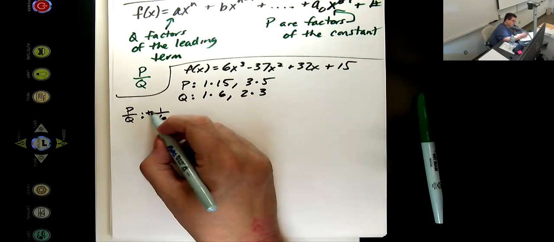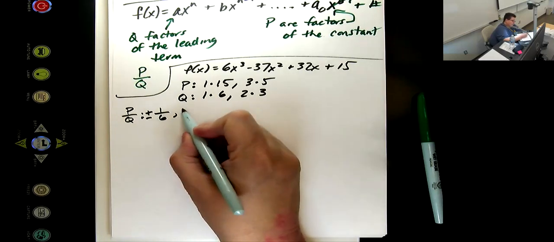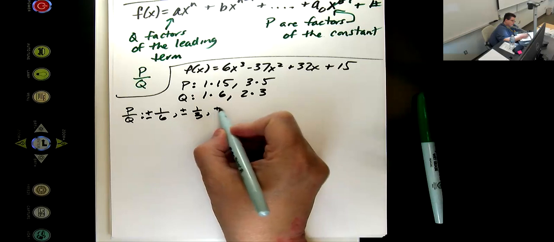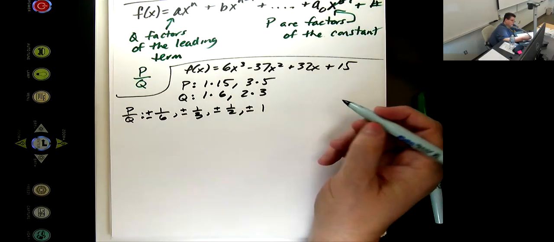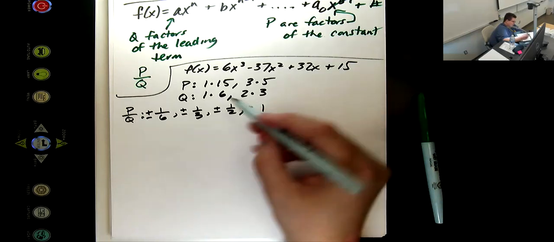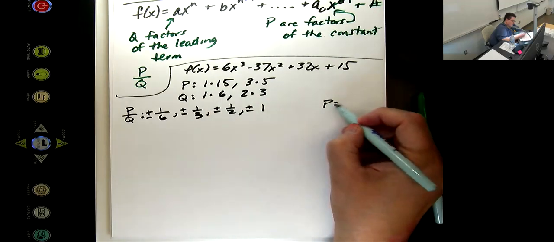And all of these are plus or minus because negative values work. I could have plus or minus 1/2. I'll go 1/3, that's the next lowest number. 1/2 or plus or minus 1. That's from doing the 1, where the P factor is 1.